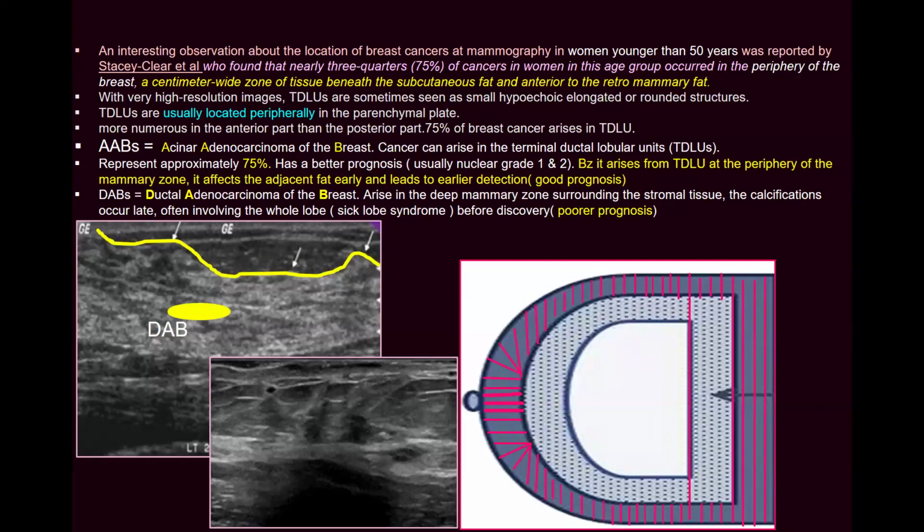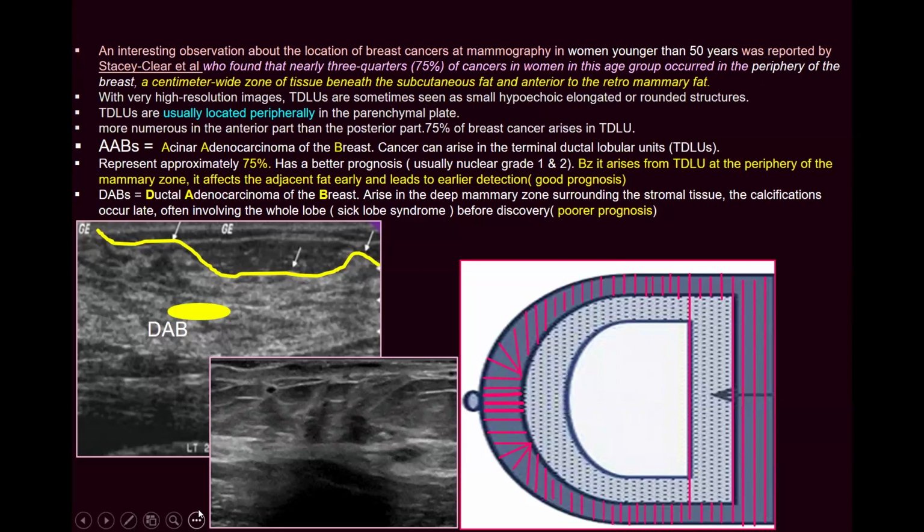When it presents with a calcification, the calcification is late and not close to fat to give an early reaction. So it will be detected late, and that is why it has a poorer prognosis.